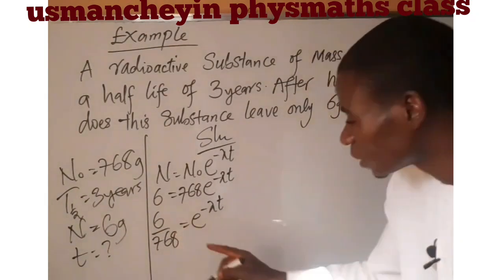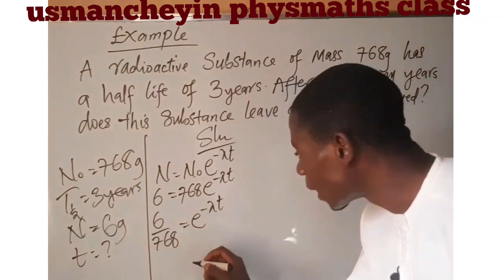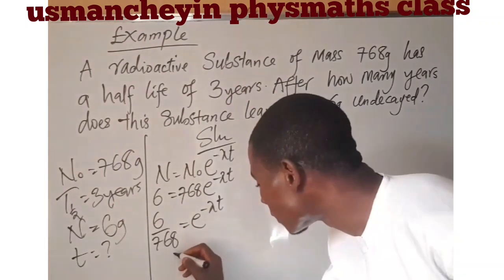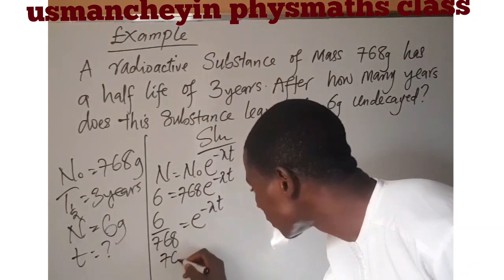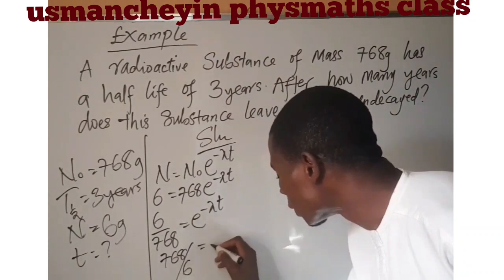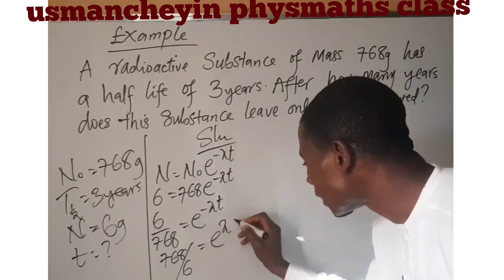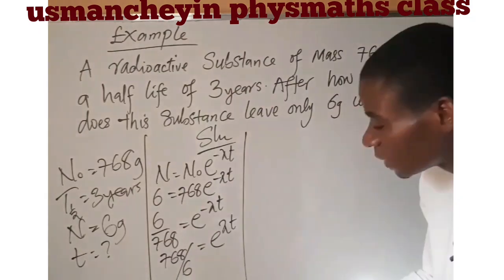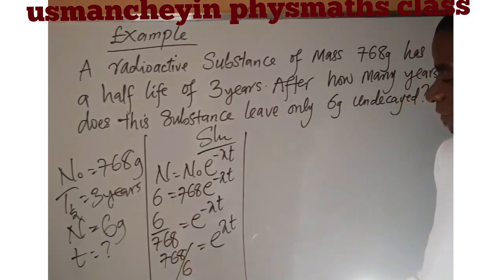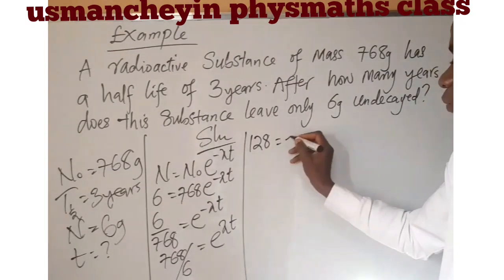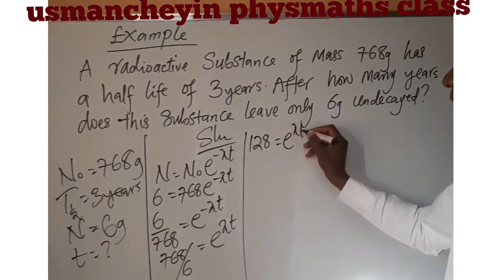So we have 768 over 6 equal to e raised to power lambda t. The negative is no longer there. So 768 divided by 6 gives 128, equal to e raised to power lambda t.